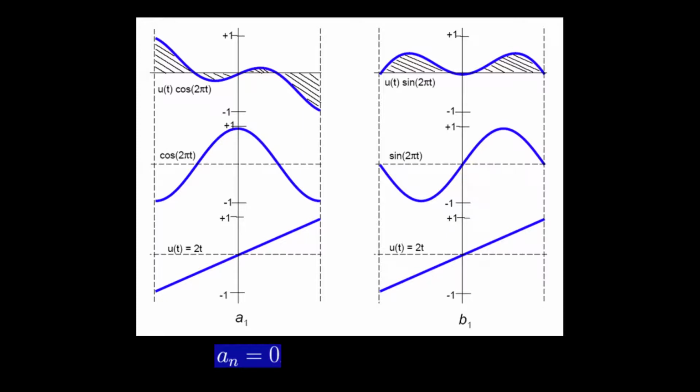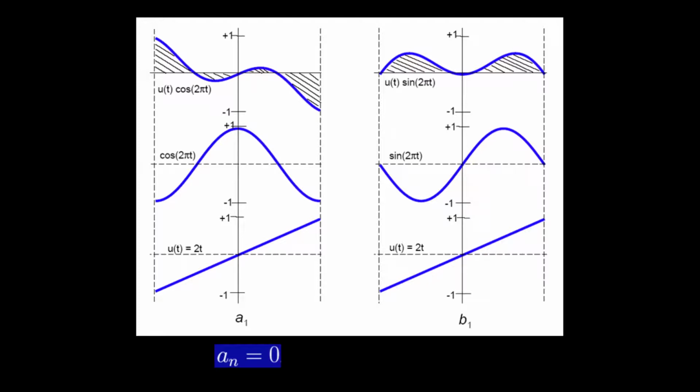The integral is equal to the area under the product curve 2t cosine 2 pi nt between the above limits. We can see here that the net area under the product curve is 0. Hence, a1 equals 0.